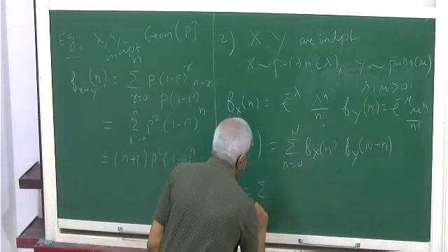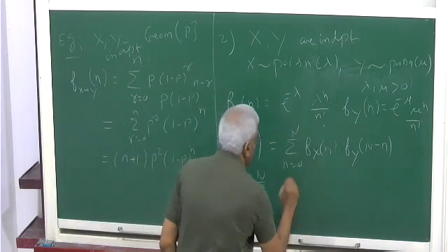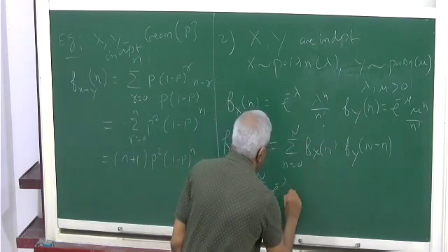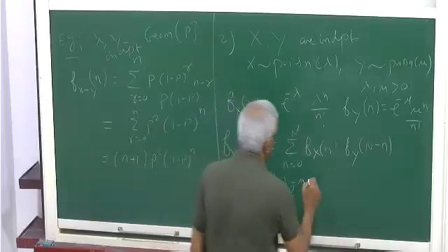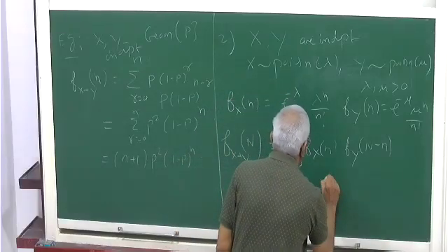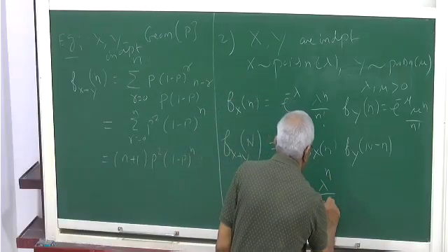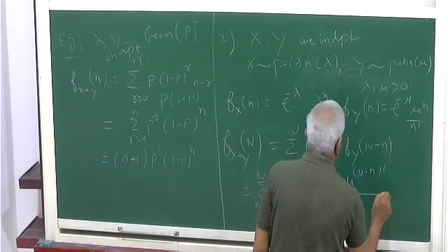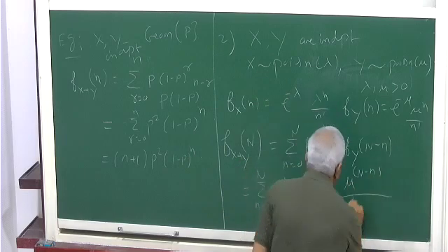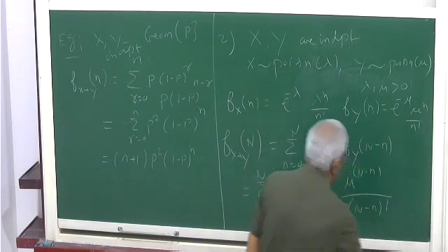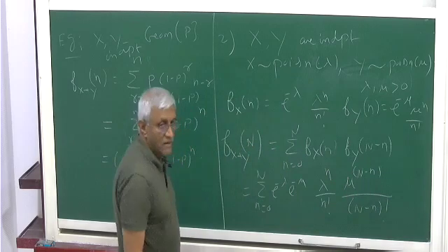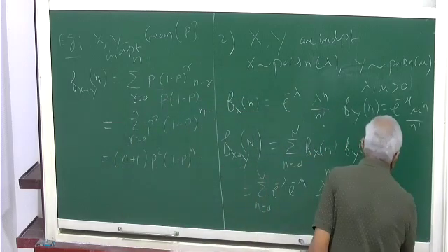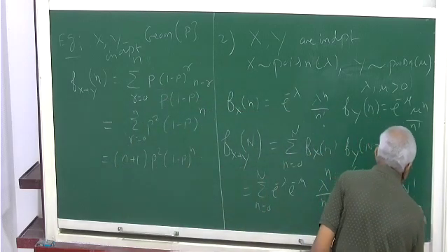So this is equal to the summation n equal to 0 to N. Let's just calculate: e power minus lambda, e power minus mu, I just club it together, and then lambda power n by n factorial, mu power N minus n by N minus n factorial. Now I insert N factorial by N factorial.